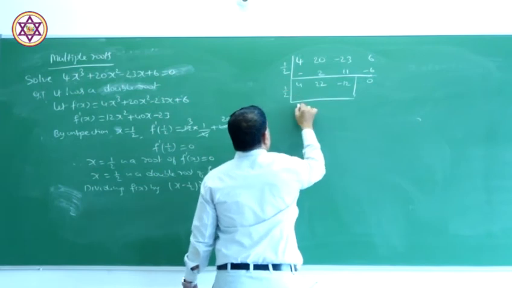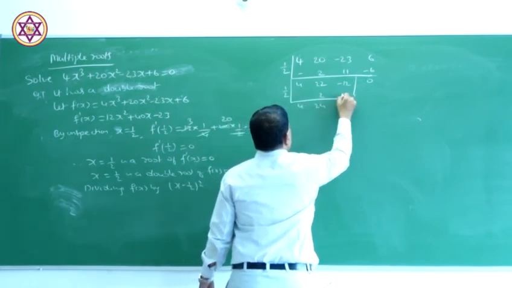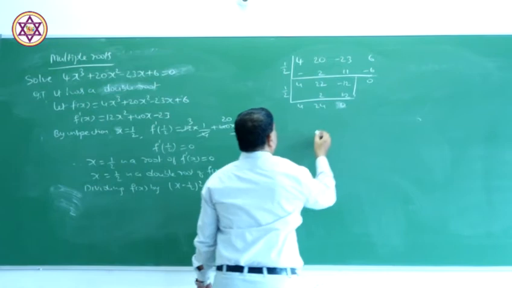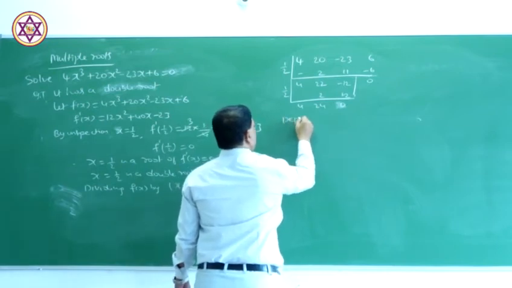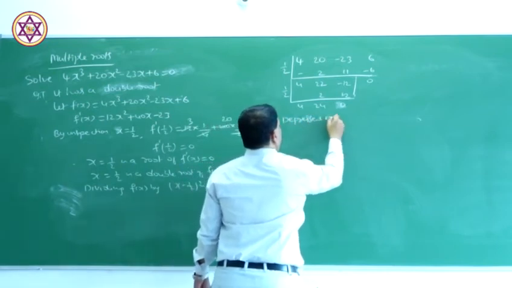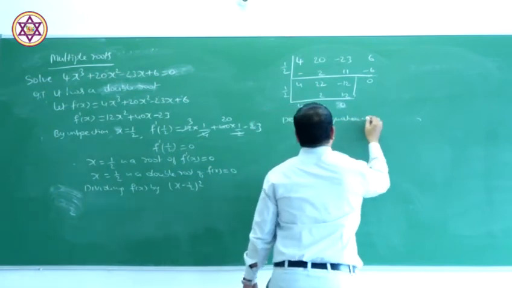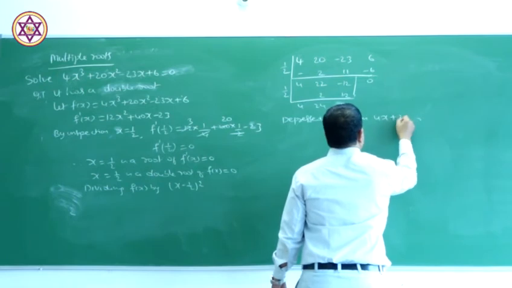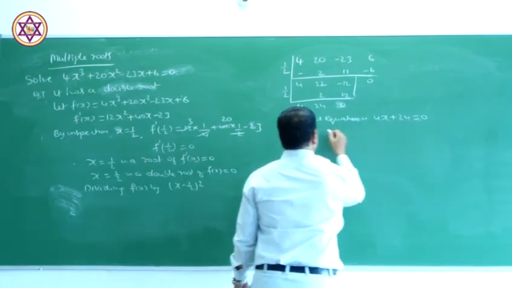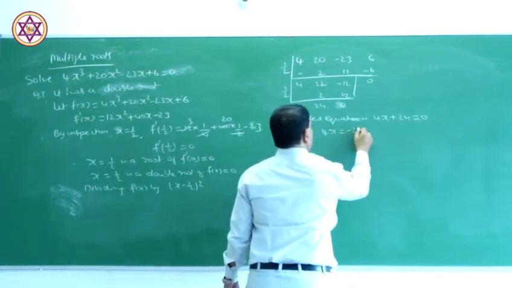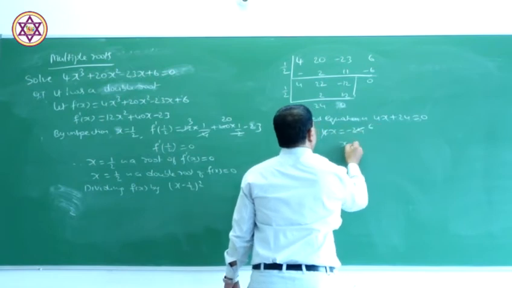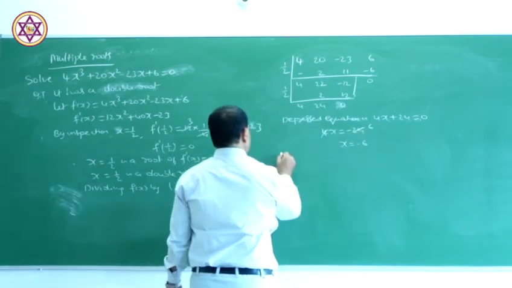Again divide, 2, 24, 12. So we get 0. The depressed equation is 4x plus 24 is equal to 0. 4x is equal to minus 24, x is equal to minus 6.